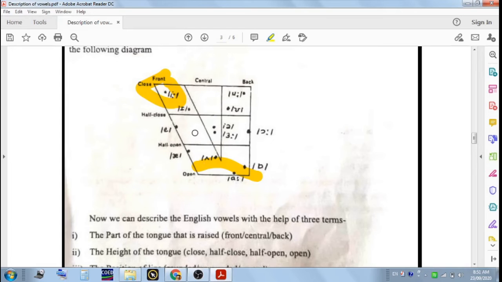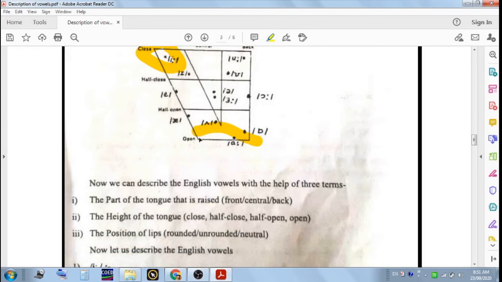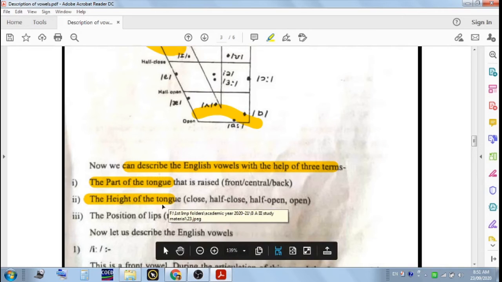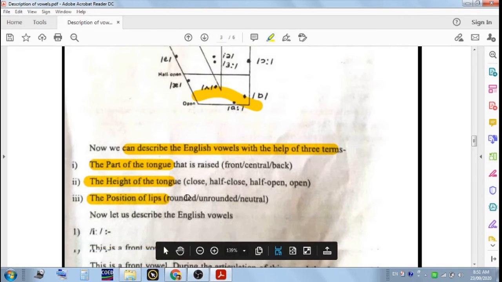So if you try to produce or utter these sounds, you will come to know this in a better way. So we can describe the English vowels with the help of three terms, that is the part of the tongue that is raised, the height of the tongue as I already told you, and the position of the lips.